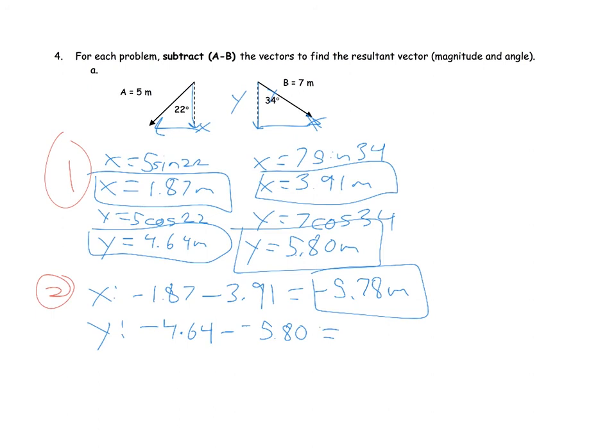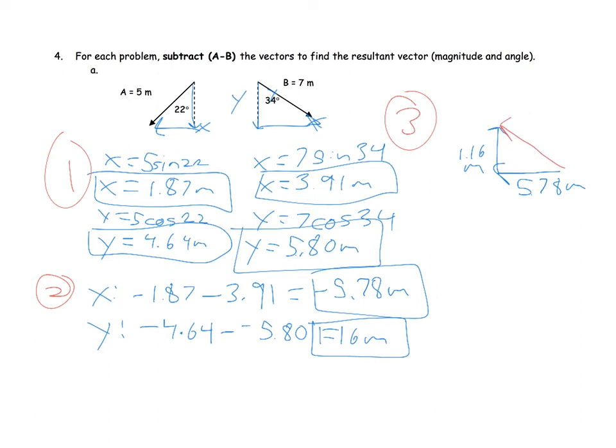And we get 1.16 meters, positive 1.16 meters. So the only thing left to do now is to put these two vectors together. And so when we do that, we have our 5.78 meters in the x direction, and we have our 1.16 meters in the y direction.